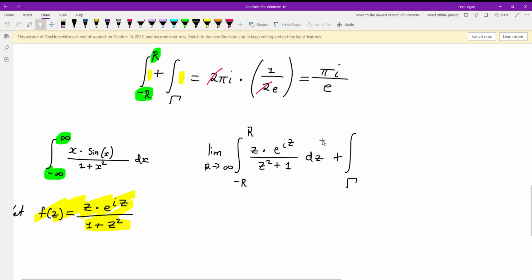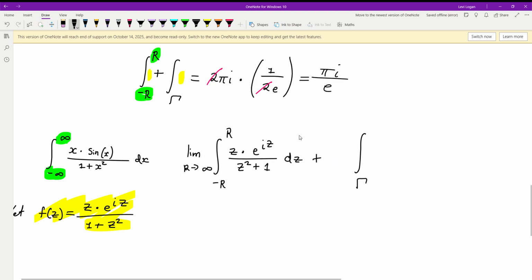Oh, we forgot the limit. The limit as r goes to infinity of gamma is equivalent to pi i over e.